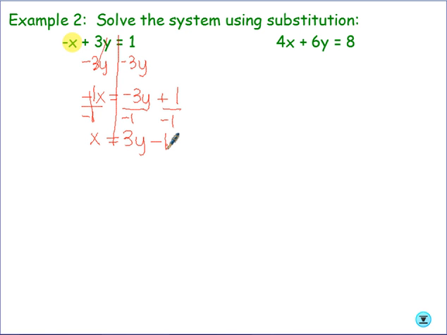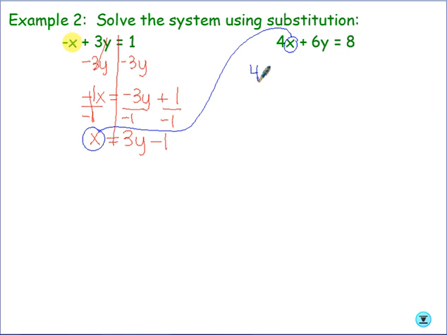Step 2, we play connect the dots. Circle the letter you got by itself. That would be x. Come over to the other equation. Circle the same letter. That would be x. And connect them. This time, the x is changing. 4 stays the same.